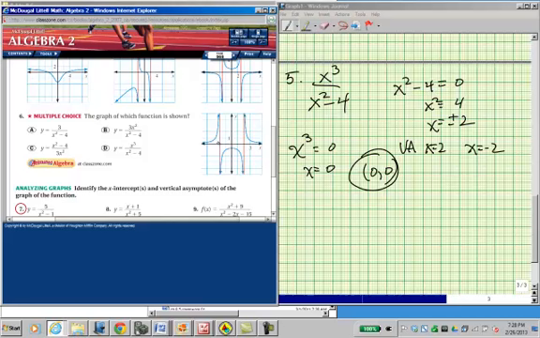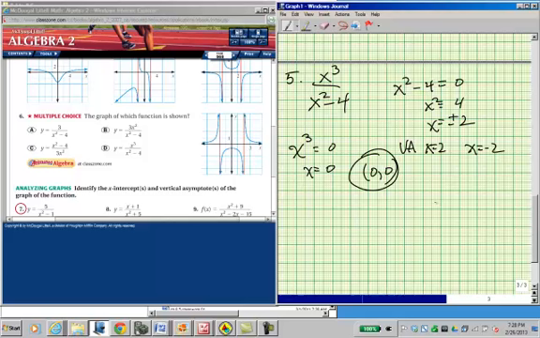Okay? Now, does it have an x-intercept? Is there anywhere where the graph crosses the x-axis? Now, it approaches the x-axis here. The x-axis is an asymptote, but it never crosses the x-axis. Okay? So, we've got a couple of asymptotes. Now, this guy's got a couple of asymptotes, and this guy's got a couple of asymptotes. This guy has 1, 3x squared. 3x squared is going to have 1 asymptote.